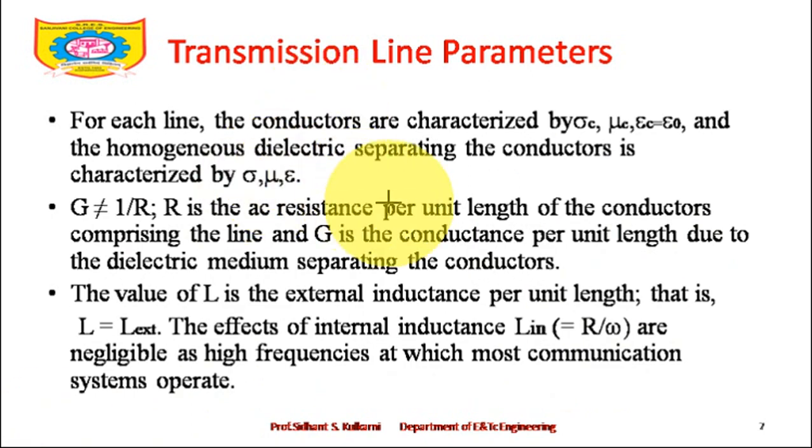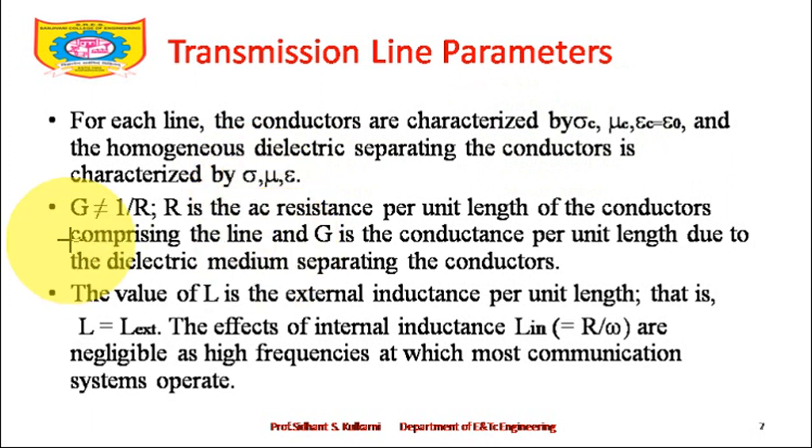You already know, from the boundary conditions, sigma, mu, epsilon: conductivity, permeability and permittivity. This is for free space, and the ones with the suffix c are for conductors. Remember, there is a difference between this sigma c and this sigma. This is the conductivity of a conductor, and this is the conductivity of the dielectric which is separating the conductors.